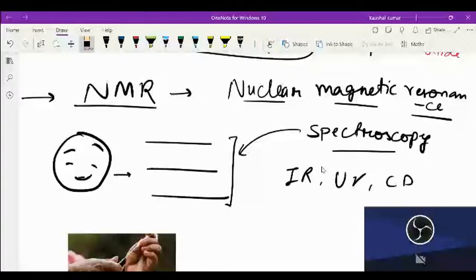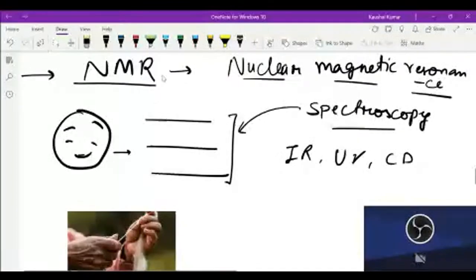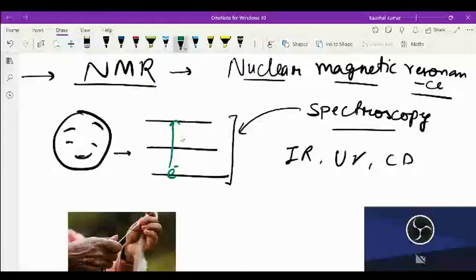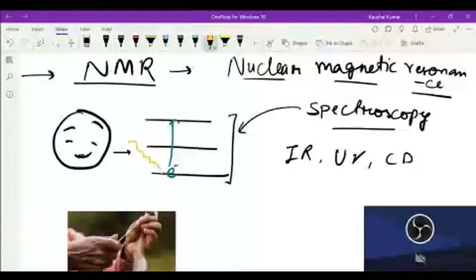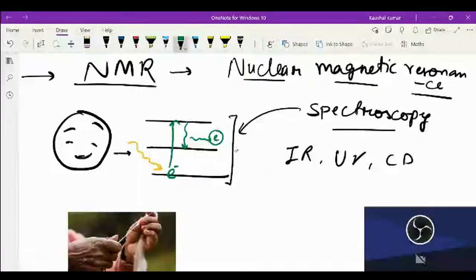The basic is the difference in the energy level. If any electron is jumping from here to there, it is excited by one energy. Suppose it is coming back down, it is emitting some amount of energy, and that frequency of that energy we will read in a computer or any device, and then we will say this is such and such molecule.